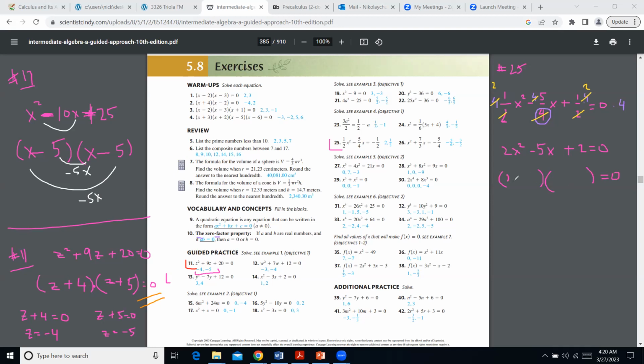So I'm going to break 2x squared as a product of 2x and another x, and then try to factor 2 with, looks like 2 times 1.